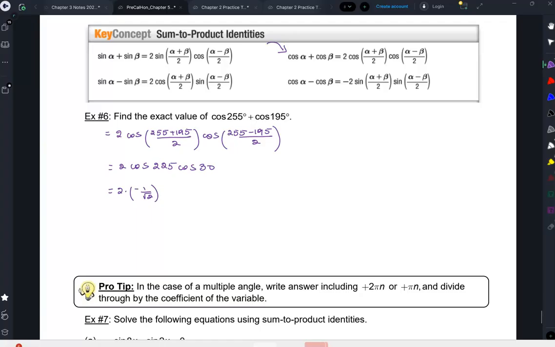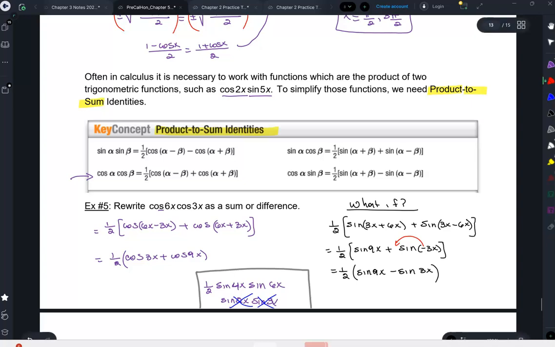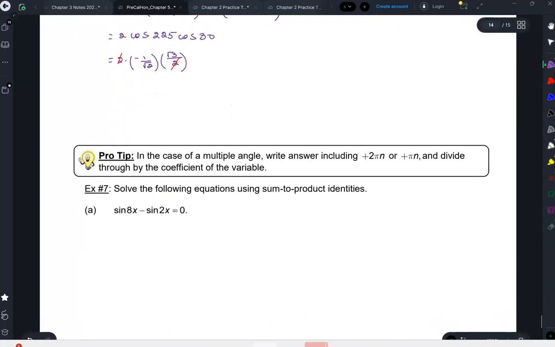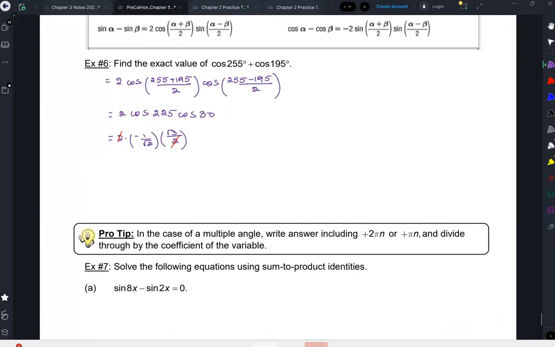Cosine of 30 is how much? Root 3 over 2. And then the 2 cancels with the 2, because they're all being multiplied, associative property. So this is negative root 3 over root 2.